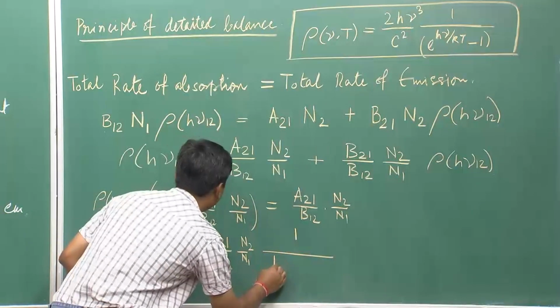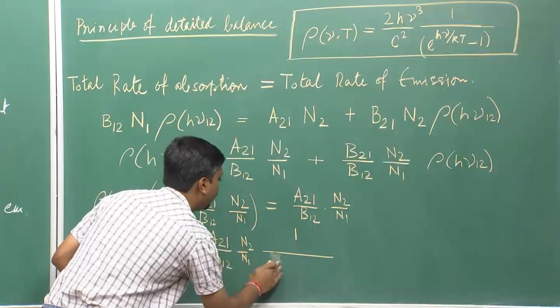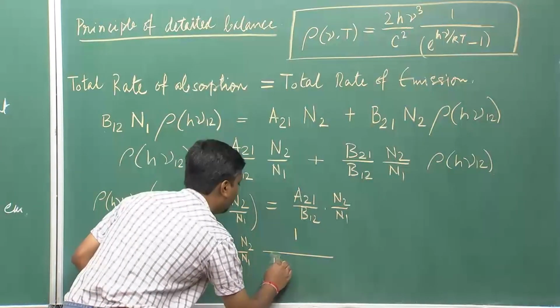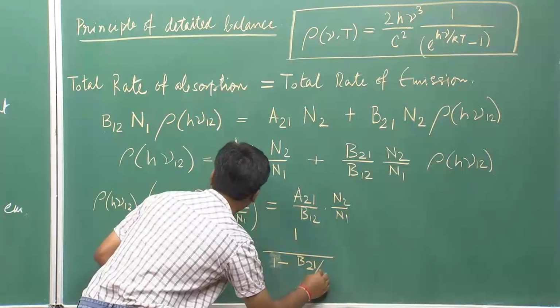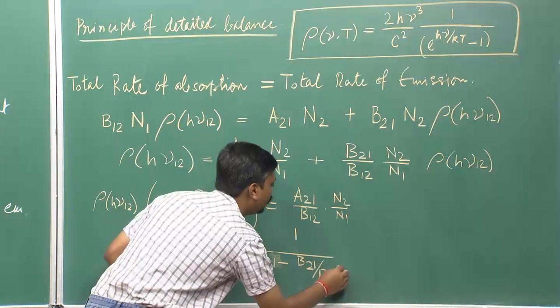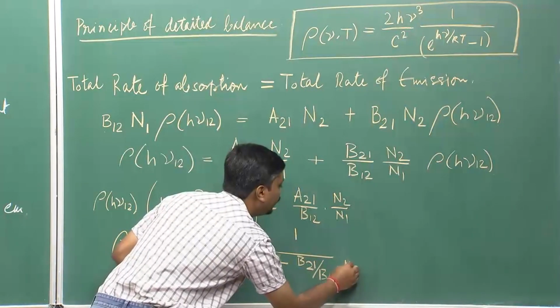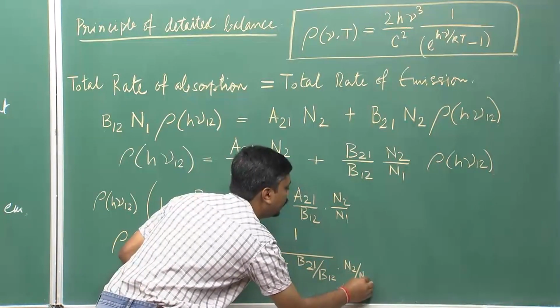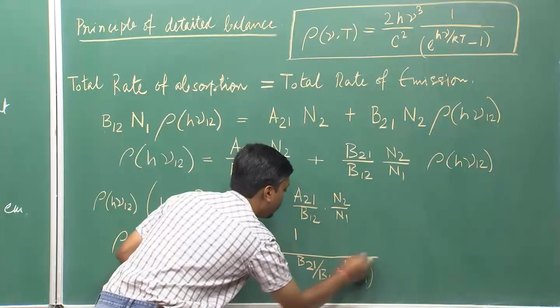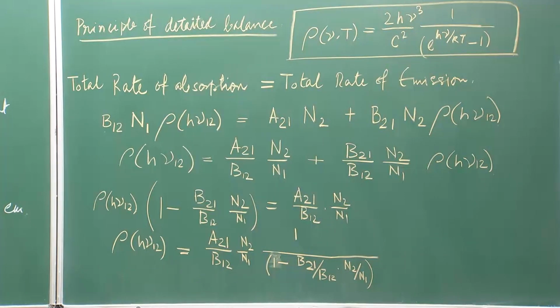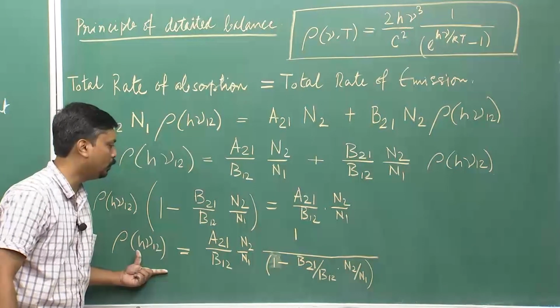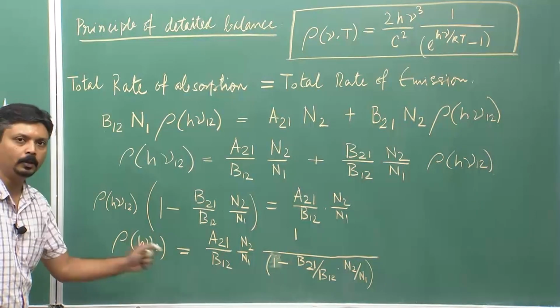So, I have 1 minus B21 divided by B12 multiplied by N2 by N1. All right. So, I have got some expression for rho h nu 12.